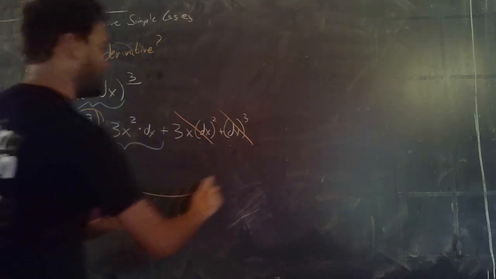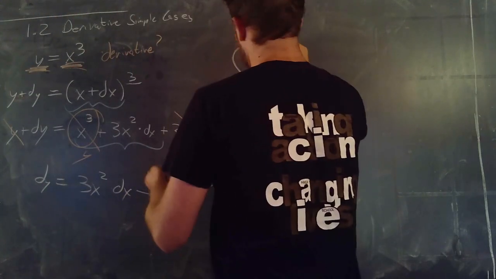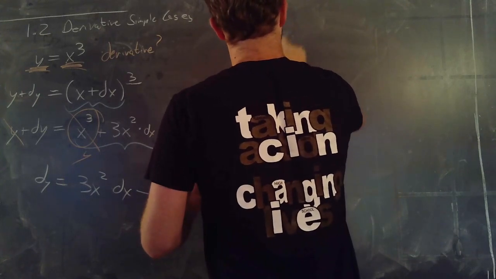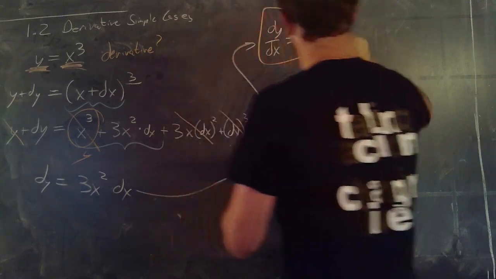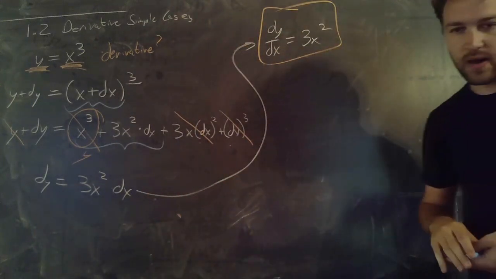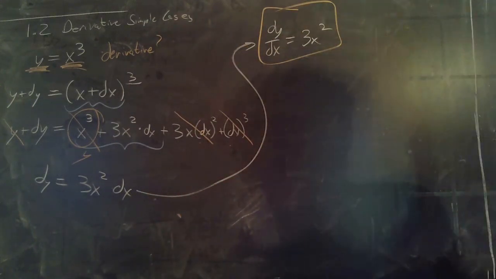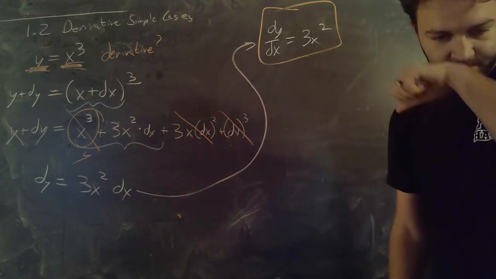And then the last step, same as before, we just divide off the dx, and I'm left with the statement that dy over dx is equal to 3x to the second power.